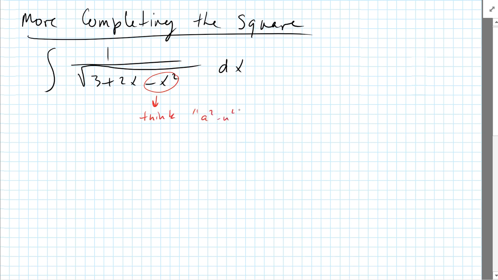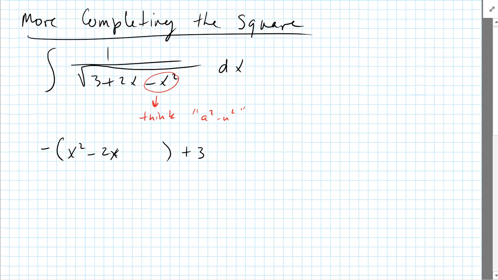So I'm going to complete the square after I factor out that negative. Off to the side I go negative, and I pull out the x squared term. So it's going to be x squared, and then minus 2x because I'm changing that sign. And then I leave a space for my b squared, and then that 3 I'm just going to write outside. I didn't factor anything out of it, I just left it outside because I don't need it.